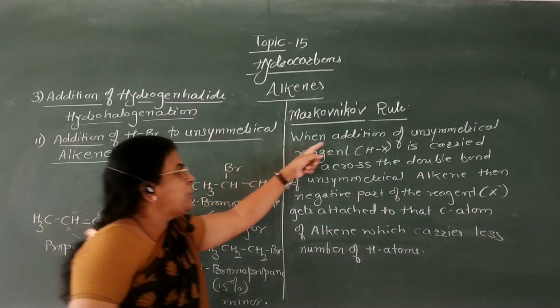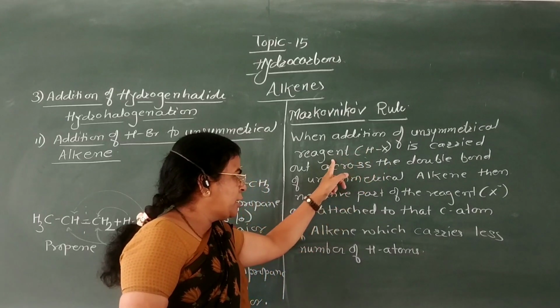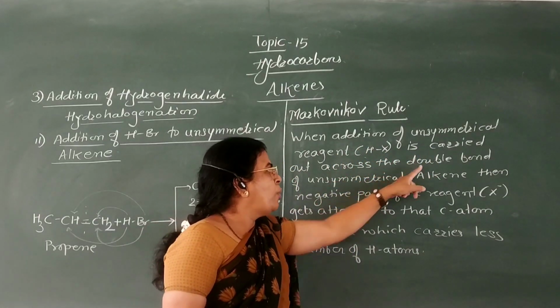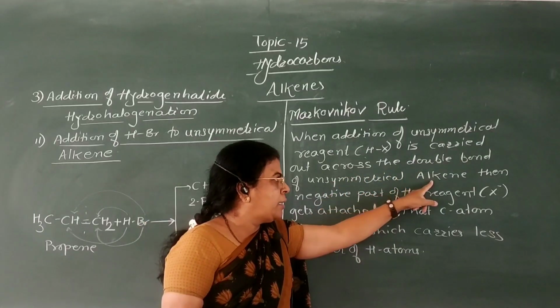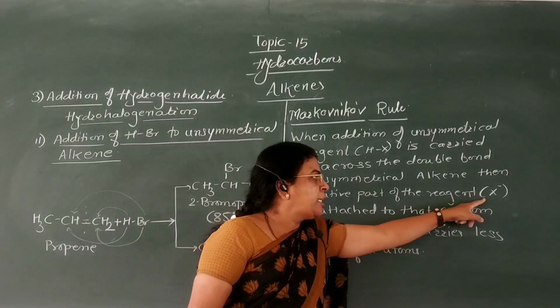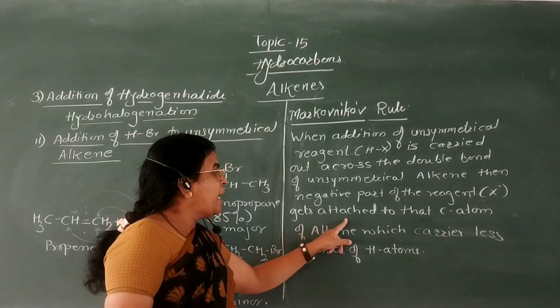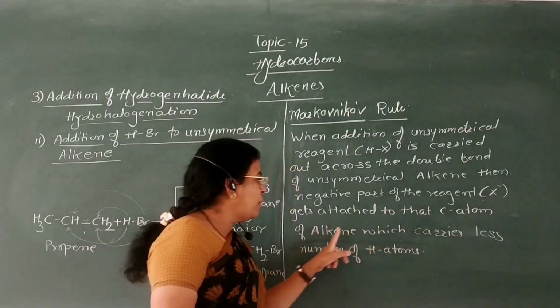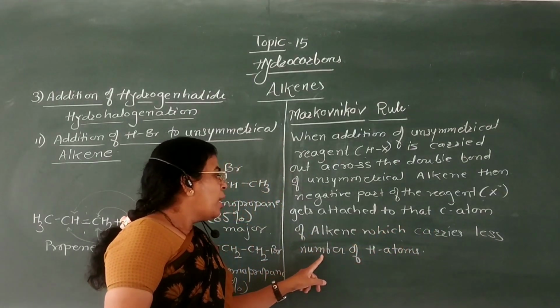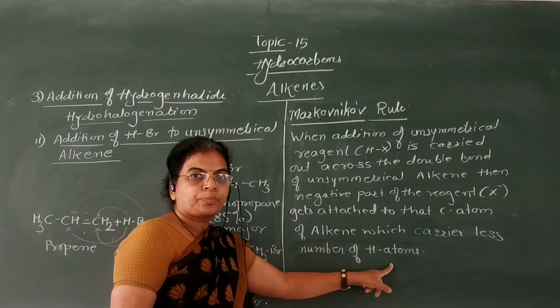When addition of an unsymmetrical reagent, that is HX, is carried out across the double bond of an unsymmetrical alkene, then the negative part of the reagent, that is X minus, gets attached to that carbon atom of the alkene which carries fewer hydrogen atoms.